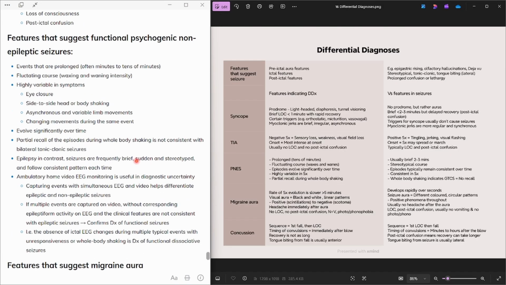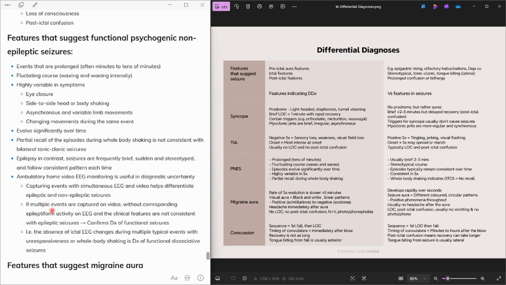A useful investigation to help differentiate PNES and seizures will be ambulatory home video EEG monitoring. That's where we combine EEG with video monitoring, and this will help to differentiate between epileptic and non-epileptic seizures.